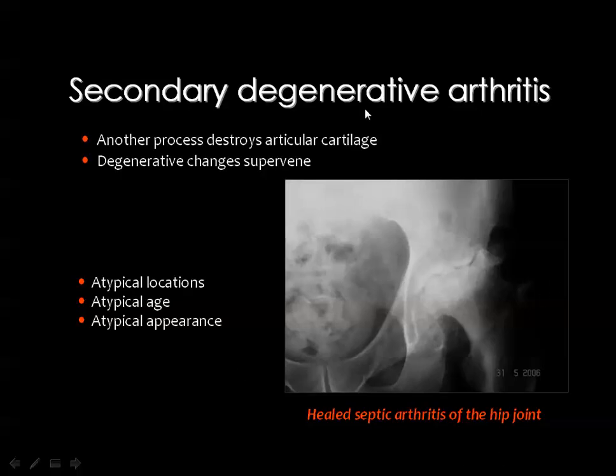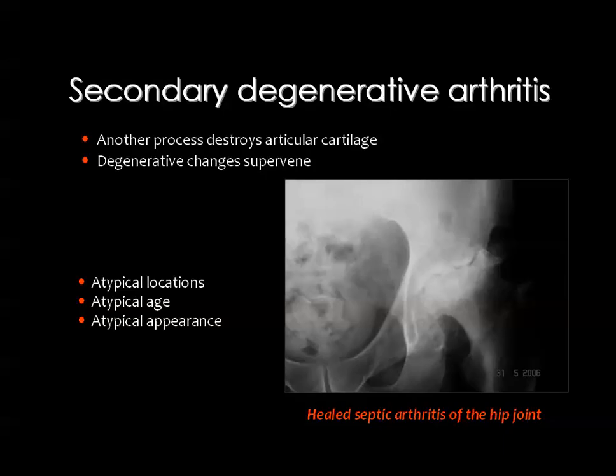Then how can you know that this osteoarthritis is secondary, not the primary type? Of course, the history is very helpful, but these are the usual suggestions. You can see osteoarthritis in an atypical location, at an atypical age, and with an atypical appearance. You know, osteoarthritis is the disease of old age.